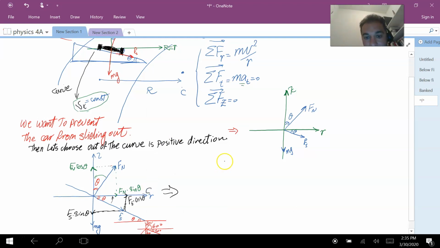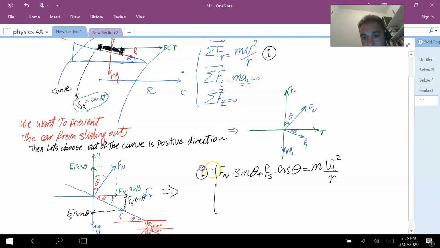Therefore, I am going to have Fn sine theta plus Fs cosine theta equal mvt squared divided by what? R. Okay, this is from the first one. Let's say this is number one. So by the one, I got this.